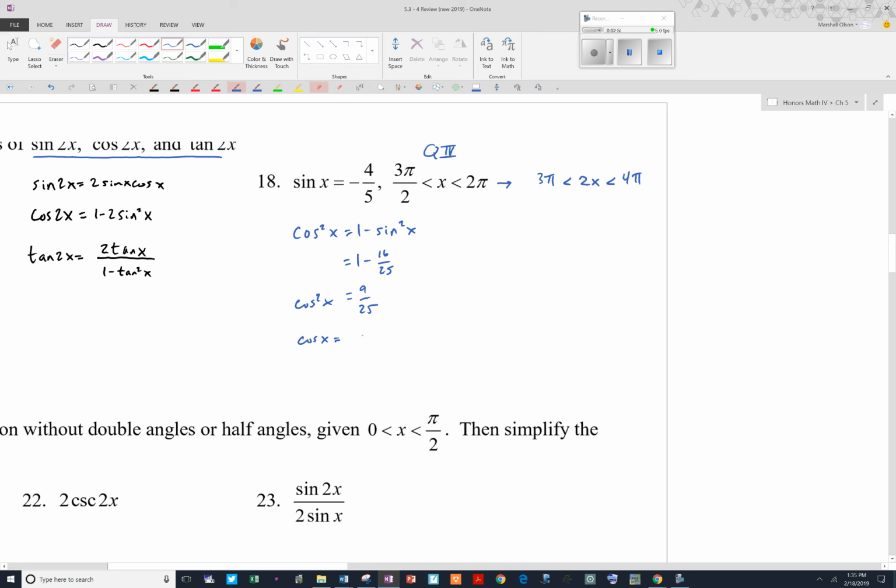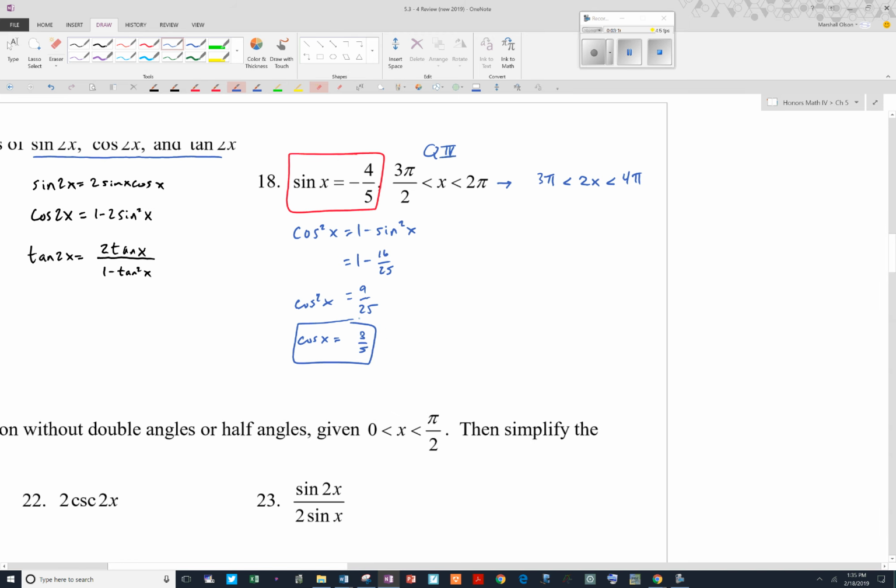Therefore, cosine is 3/5. But we know it's in quadrant 4, so we got to think about that. Is cosine positive or negative in quadrant 4? Well, cosine's positive, so we're going to leave this as a positive value. So we have sine right here, and we have cosine right here of x.